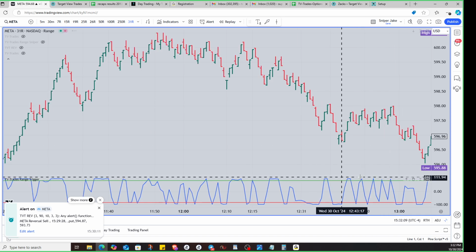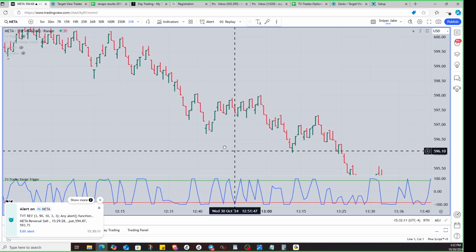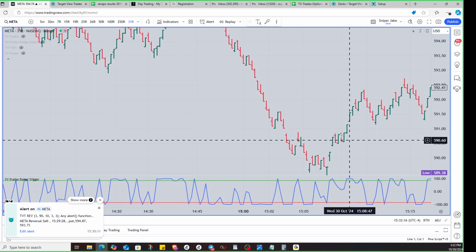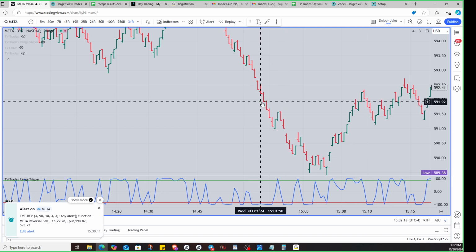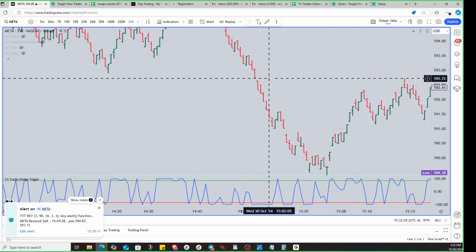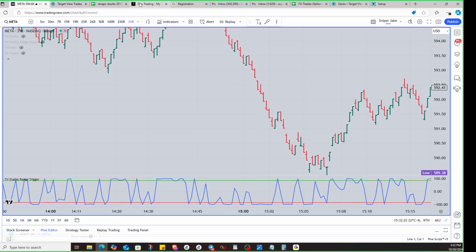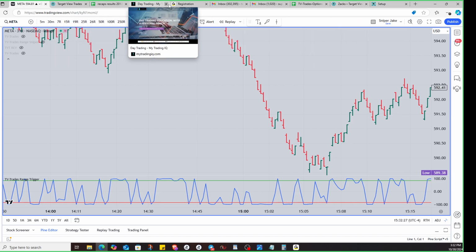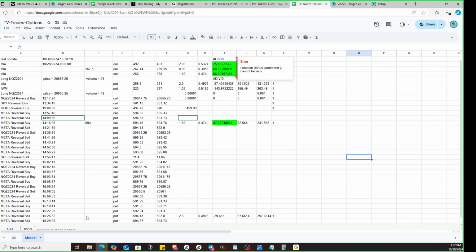And it was at, it looks like it's probably already moved from that, right? It was right here. 592 is where it triggered, somewhere in here. Let's go look at it again. It was this one right here. So 594.18 is where it triggered.